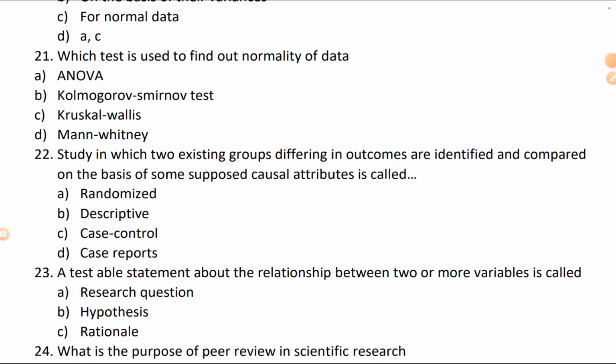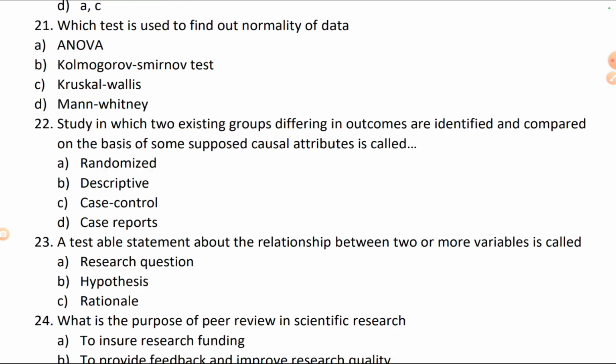Which test is used to find out normality of data? Option A, ANOVA, option B, Kolmogorov-Smirnov test, option C, Kruskal-Wallis, option D, Mann-Whitney. The answer is Kolmogorov-Smirnov test.